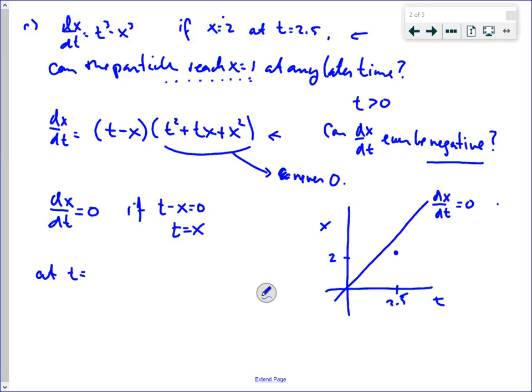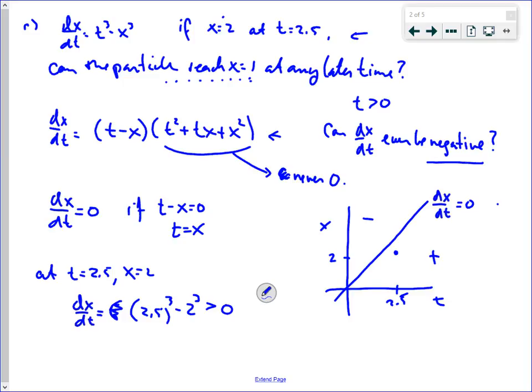Well, I don't really care what it is exactly. It's positive. That's the main thing I'm getting at. So dx dt is positive here, over here, not just at that point. It's always positive over here, and it's negative there. I can find it. So we're only going to be traveling backwards.